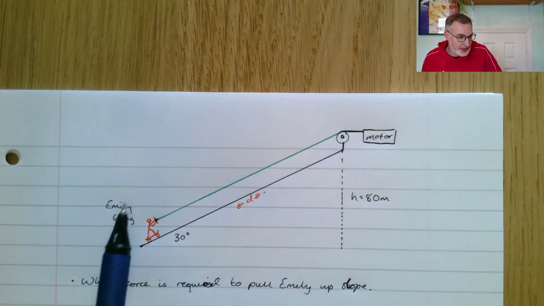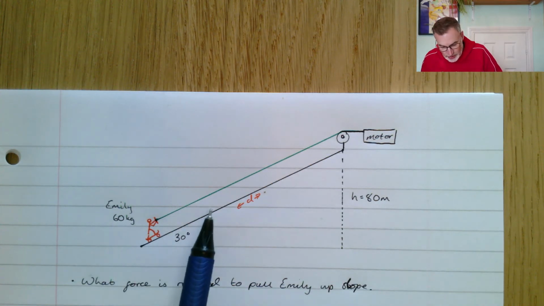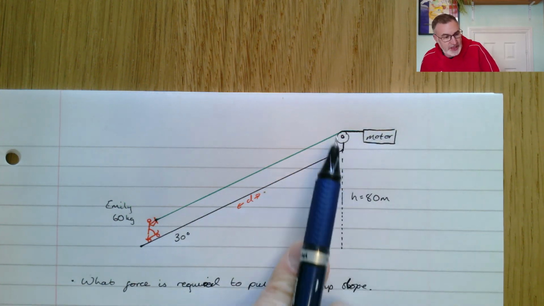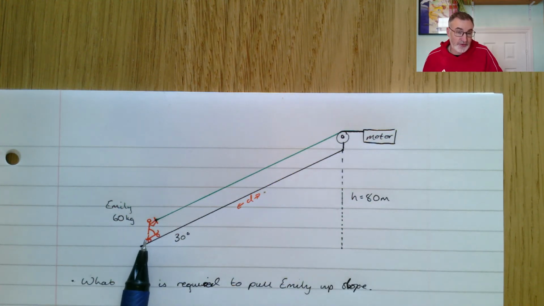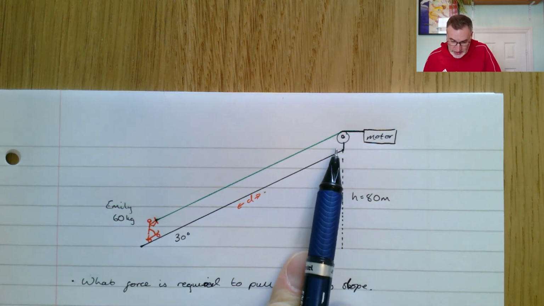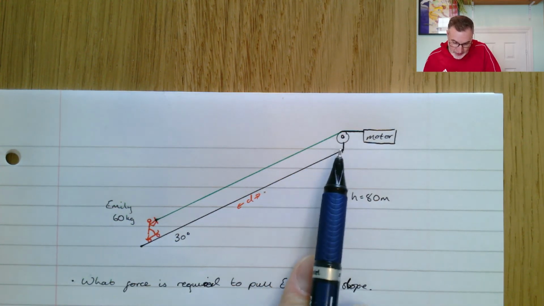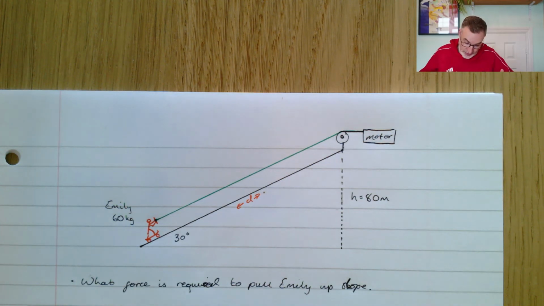That energy is doing work on Emily. Emily is getting pulled up the slope. The amount of energy that the motor uses will be transferred to Emily in the form of gravitational potential energy. As she releases the tow rope at the top, she rolls back down. That gravitational potential energy will then be converted into kinetic energy.